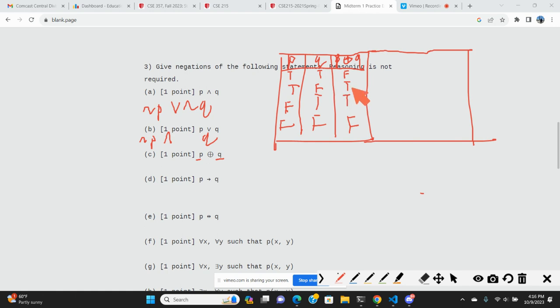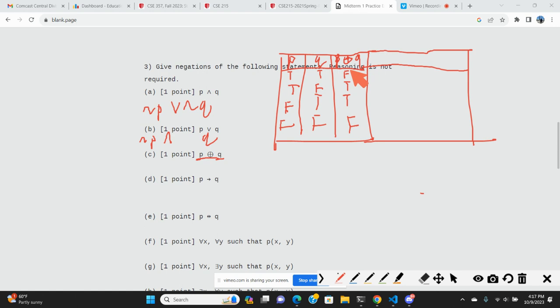So that alone gives you some intuition on which to build what an equivalent expression to P XOR Q is. And if we could transform the XOR statements into the form of and or statements, then we can apply De Morgan's laws to negate them.